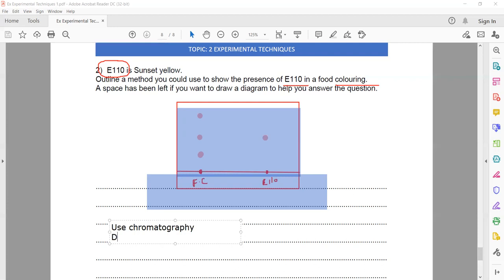Then we will draw the origin with pencil. Place a sample of food color and E110 on the origin. Then use a suitable solvent.